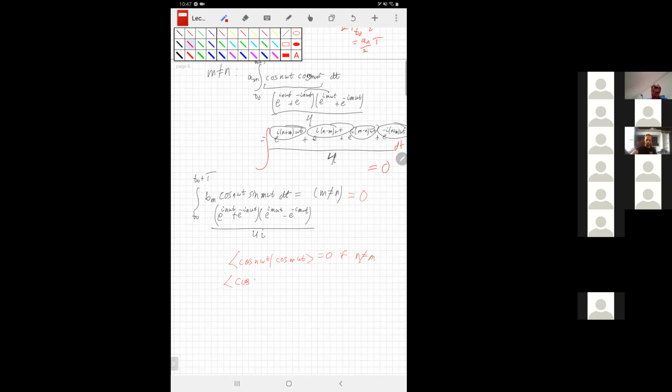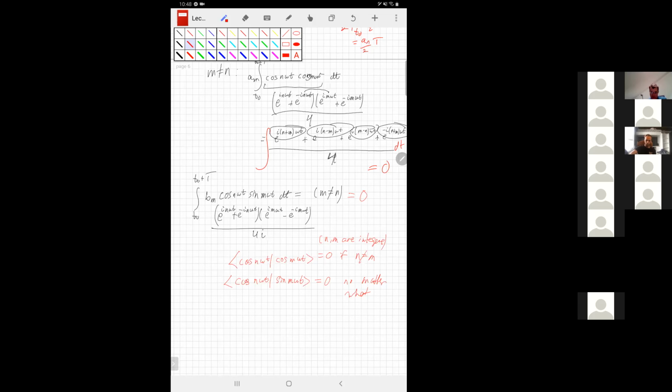And cosine of n omega t sine of m omega t equals 0, no matter what, but I'm implicitly assuming that n and m are integers. If they're not integers, all bets are off. But if they're integers, then this holds.